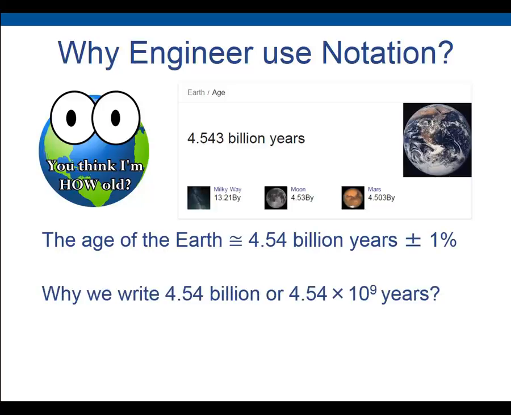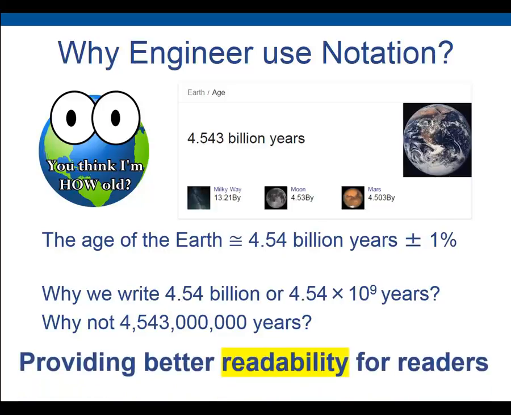The question is why Google expressed that number like 4.54 billion or 4.54 times 10 to the 9th power. Why not just spell out this very large number or very small number? The reason is providing better readability for readers. And of course, we don't want to miss any 1 or 2 zeros when you write the number.